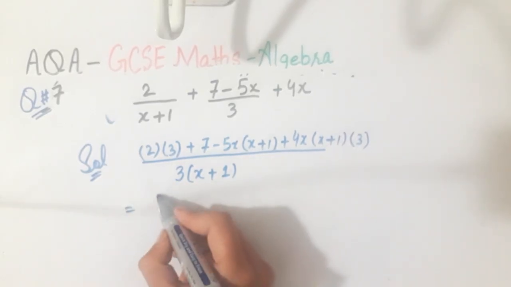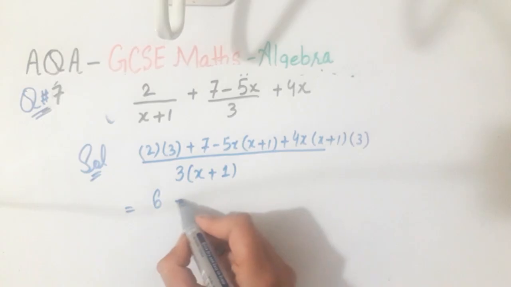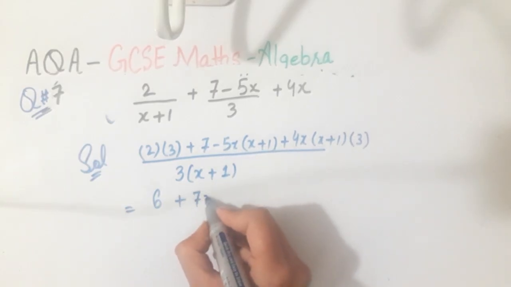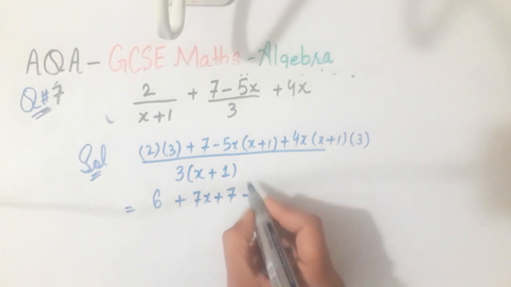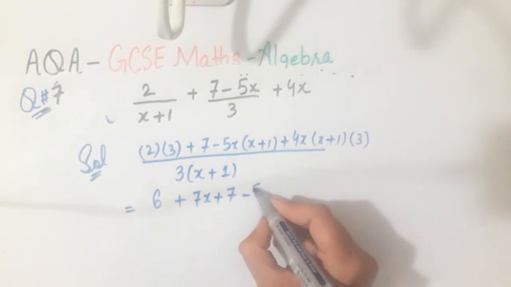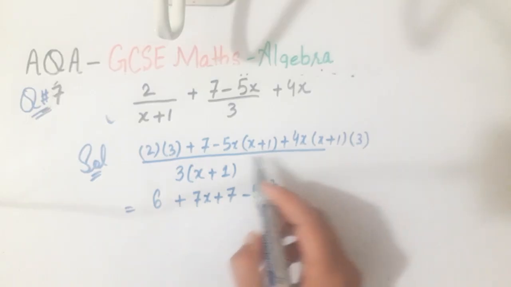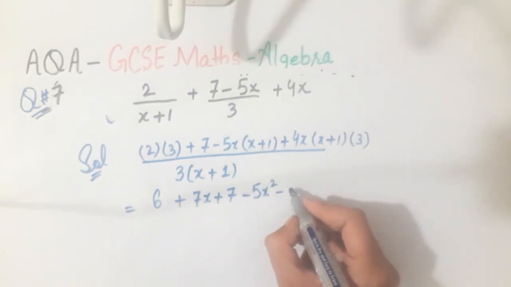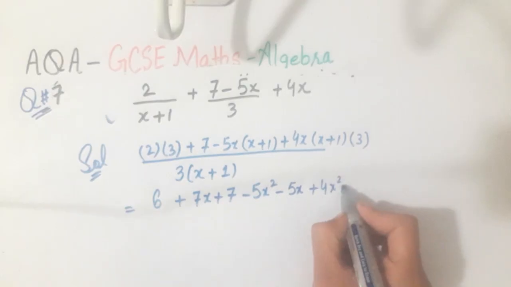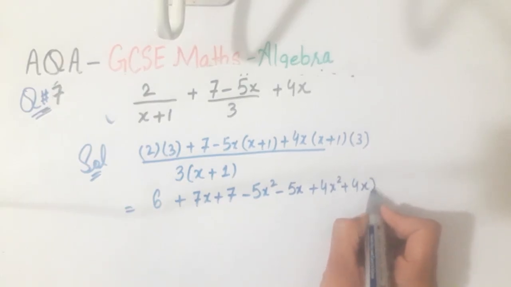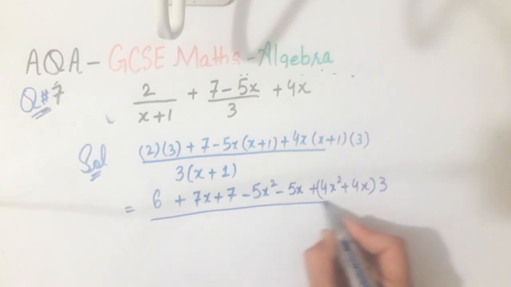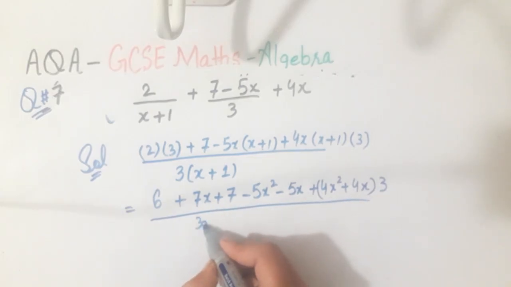So we get 6 plus 7 multiplied by (x plus 1). We get 7x plus 7, minus 5x multiplied, we get minus 5x square and minus 5x. Then plus 4x square plus 4x multiplied by 3 also, divided by 3(x plus 1).